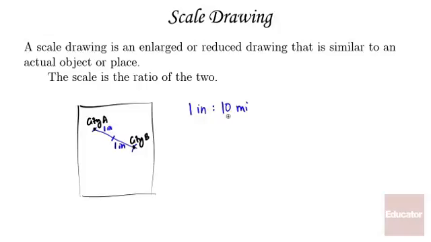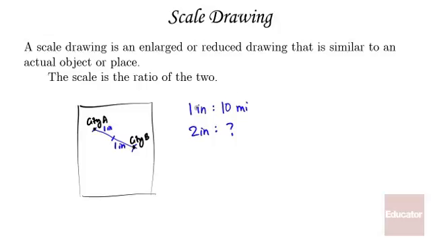And then you're going to use that to find, let's say, I ask, how far away is city A from city B? Well, on the map, since it's 2 inches, how will I know how far away it actually is in real life?